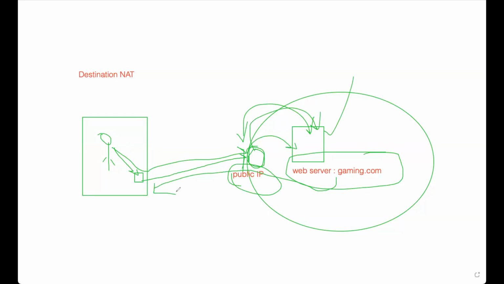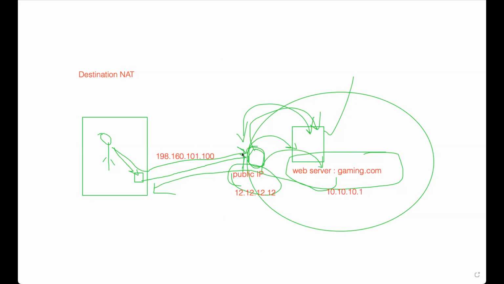So this is called destination NAT, because the source IP of the user, for example, will be 198.160.101.100, and you should be having a public IP. For example, let's say your public IP will be 12.12.12.12, and that public IP will be transferred to a private IP 10.10.10.1.